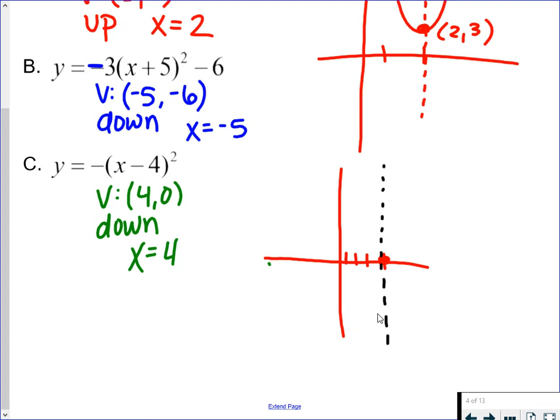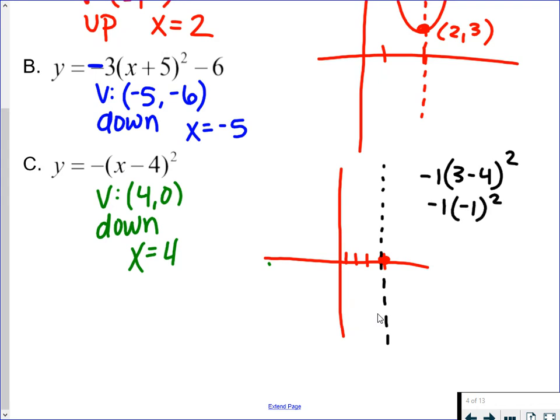Right, so notice that the negative is on the outside of the parentheses, okay? So if it helps you to put a -1 there, you can. So that way you don't get that confused. If I plug in 3, so 3 minus 4 squared, so 3 minus 4 gets me a -1.